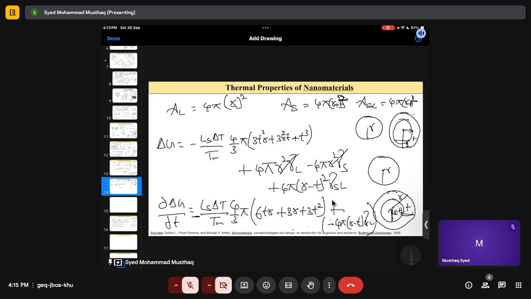So the volume also will change, right? The notations will change, not everything will change, only the notations will change. Okay, so the notations that are going to change are minus 3RT square.